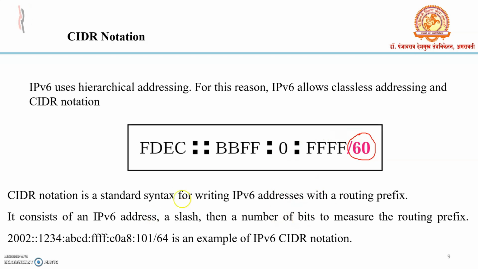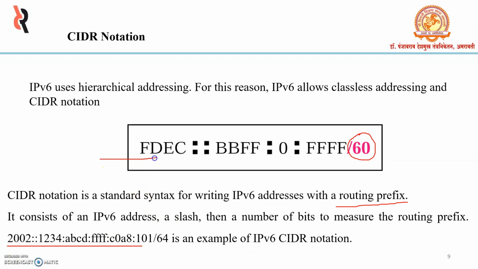So here when you use CIDR, at that time we are actually using a routing prefix. It consists of an IP address, a slash, then a number of bits to measure the routing prefix.